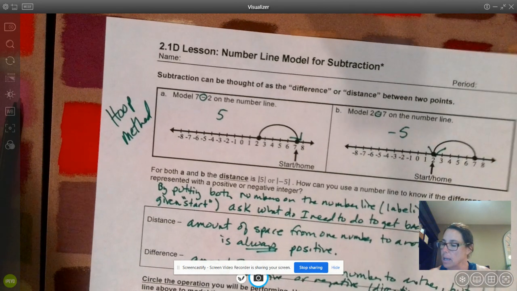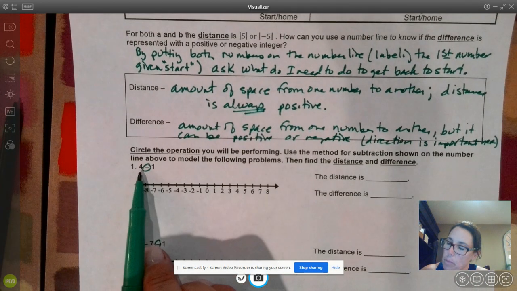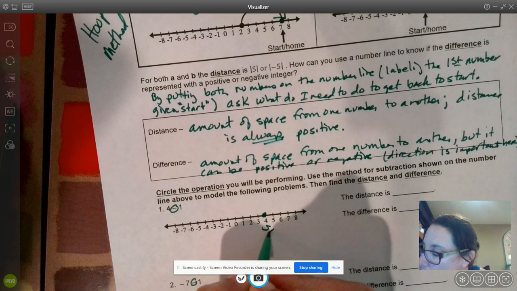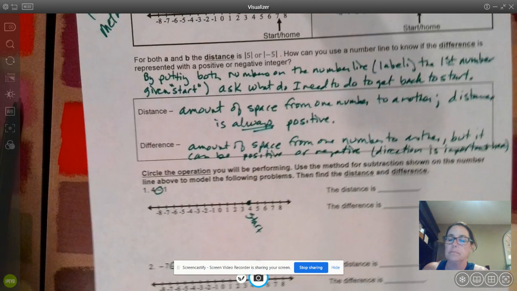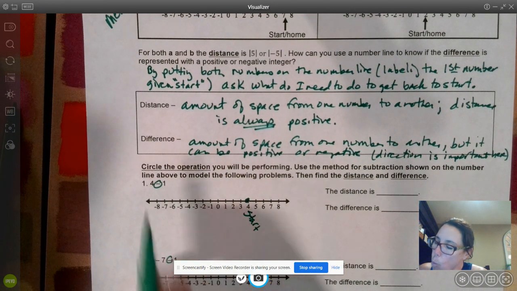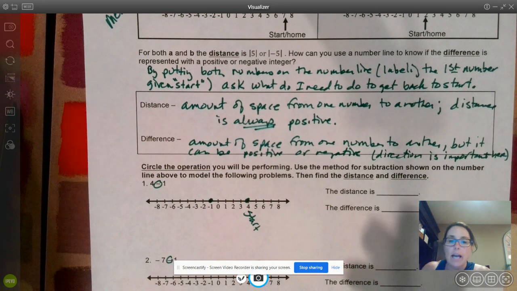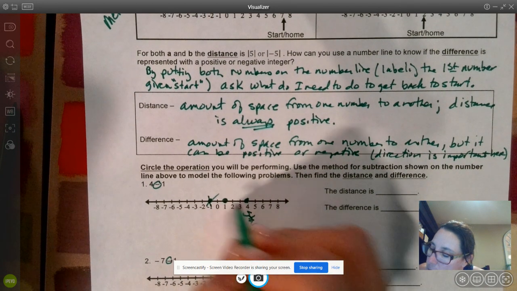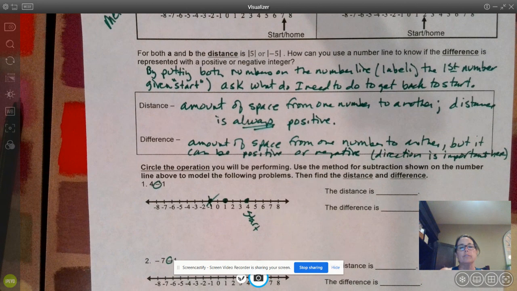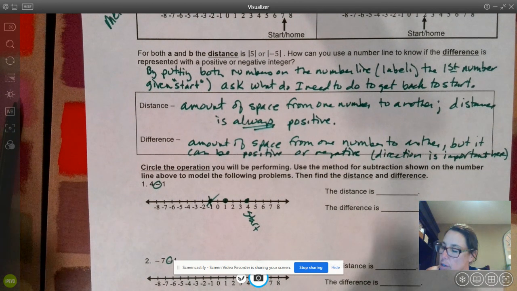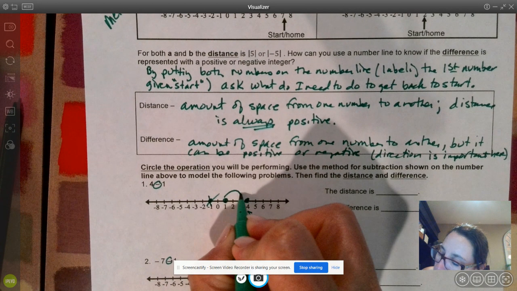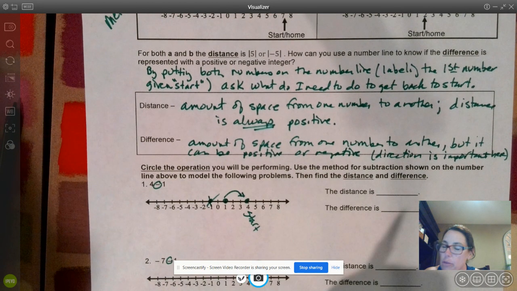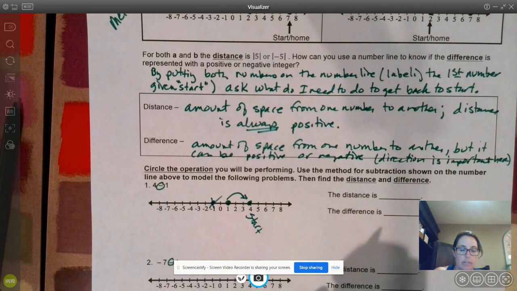Okay. All right, so we put a dot on 4. We label that start or home. We put a dot on 1. And you ask yourself, what do I do to get back to start? Or what do I do to get back home? So we're going to go in that direction, 1, 2, 3 units positive.